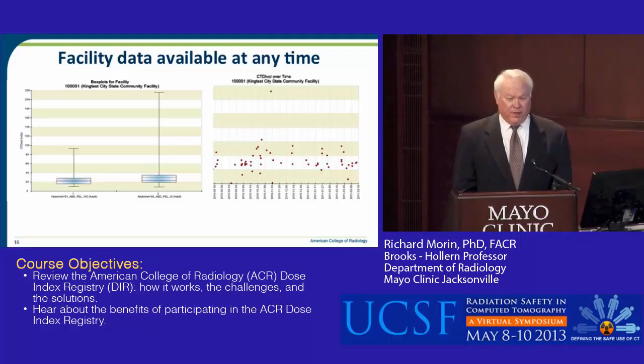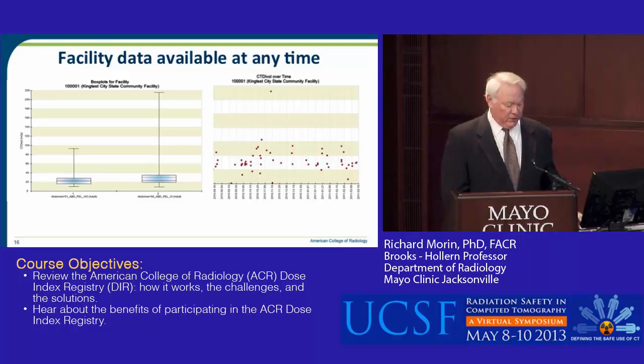We have found over time that the median has been a more reliable indicator, and so most folks are using that as an indicator. In addition, as you see on the right, you could look at one exam over time and see how it varies. And there are reasons why it might be different from time to time. And in fact, it might be different from scanner to scanner, depending on the generation of the scanner. Next slide.